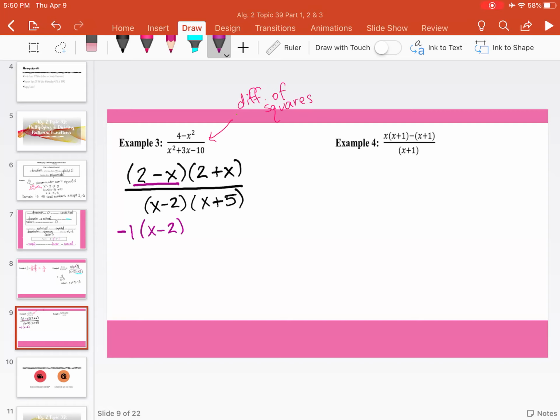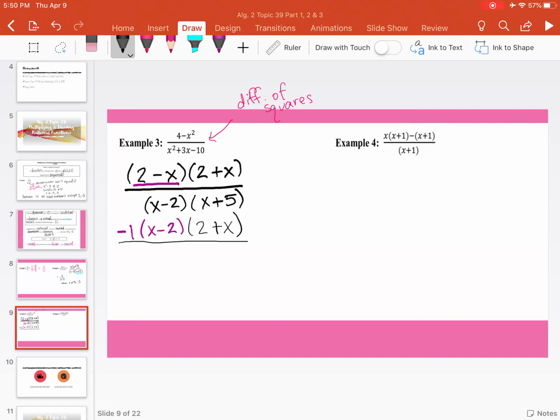Instead of 2 being positive, it changes to negative. All by just factoring out a negative 1. Then we still have our 2 plus x. Now my numerator doesn't change here, because still if you were to multiply all these three values together, I would end up with 4 minus x squared. So my end product doesn't change.